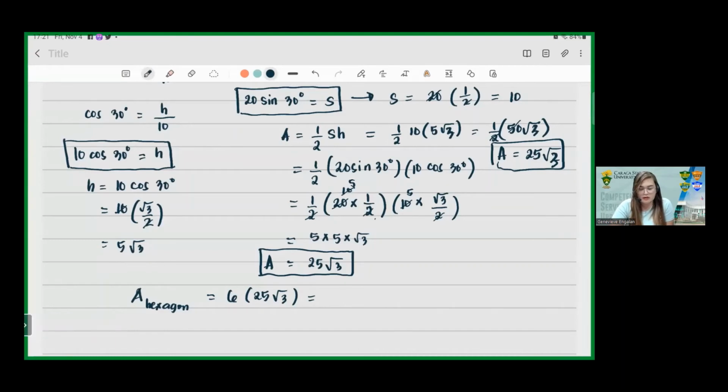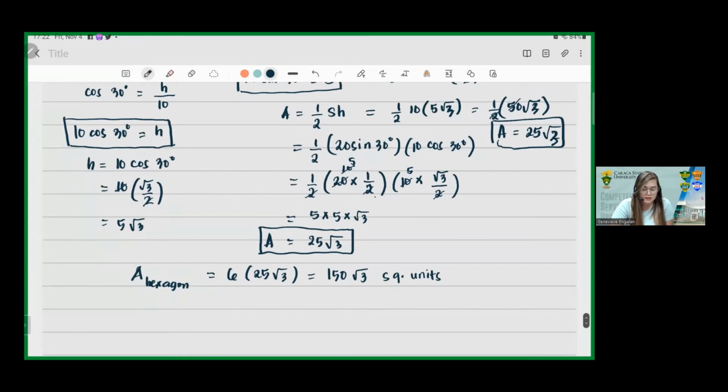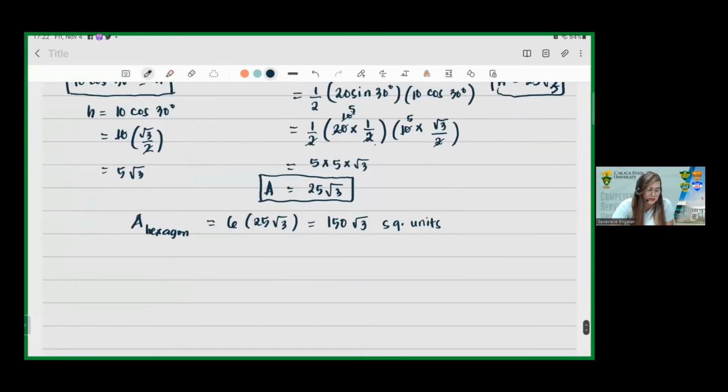Sakto ba? So, you have 150 square root of 3 square units.